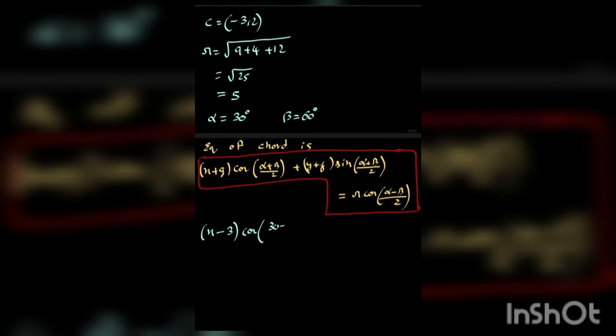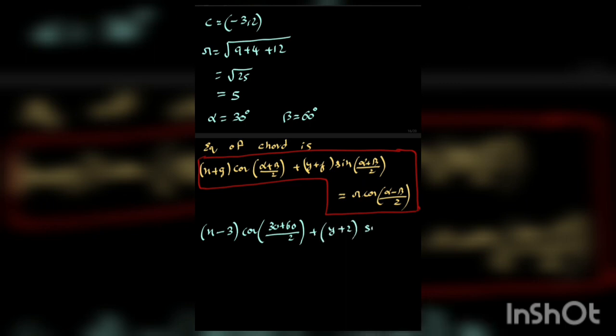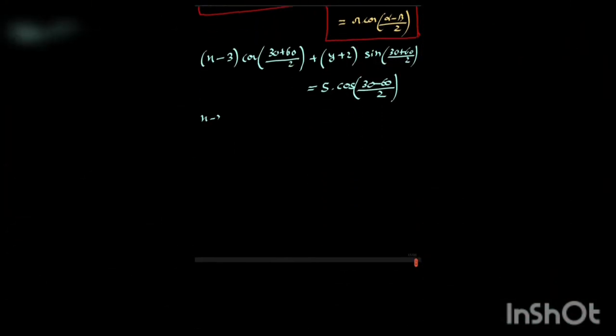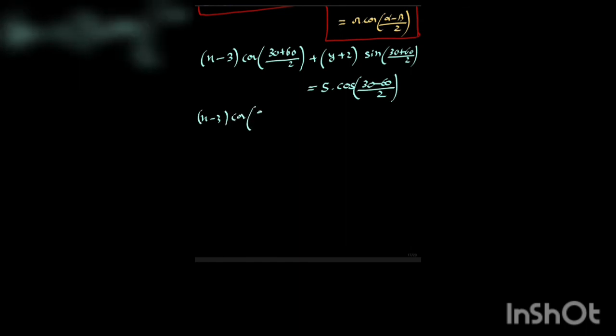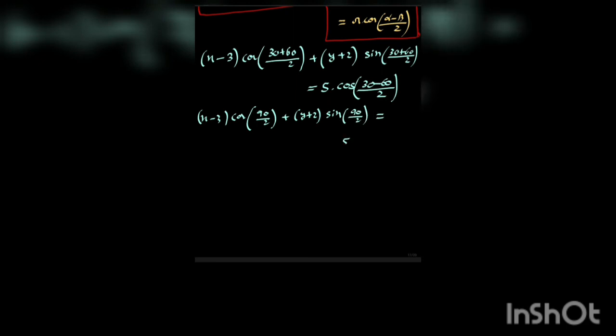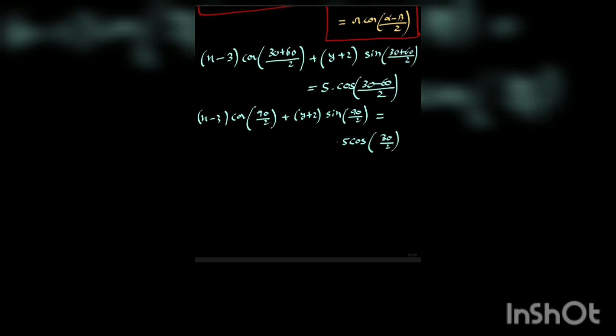(x - 3) cos((30 + 60)/2) + (y + 2) sin((30 + 60)/2) = 5 cos((30 - 60)/2). So (x - 3) cos(90/2) + (y + 2) sin(90/2) = 5 cos(30/2).